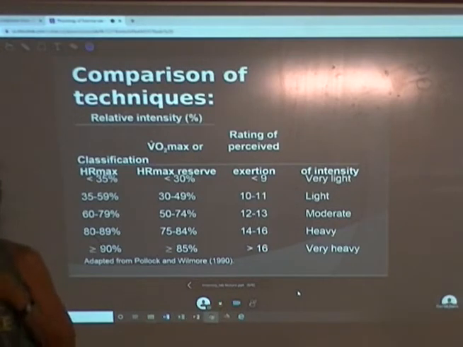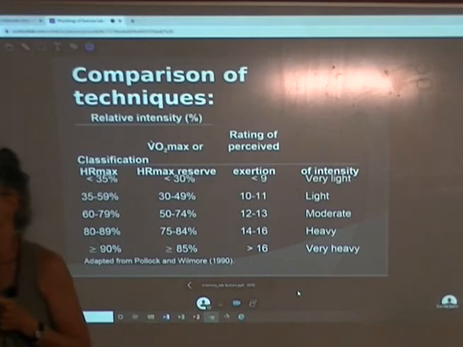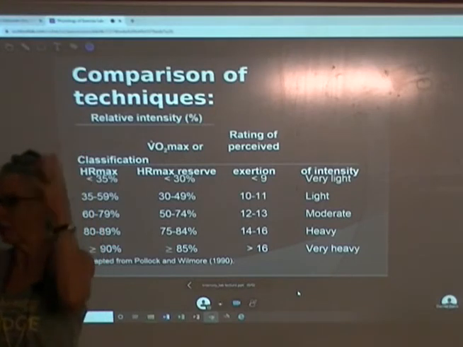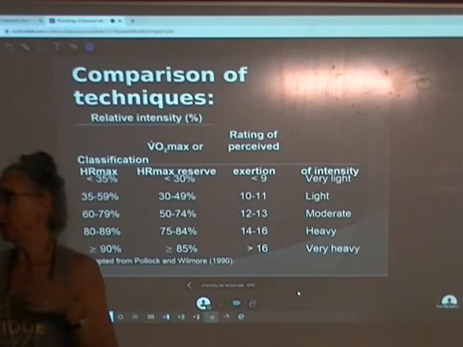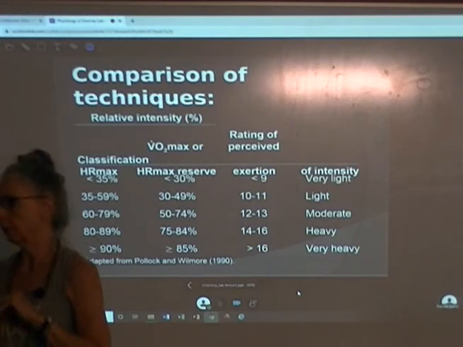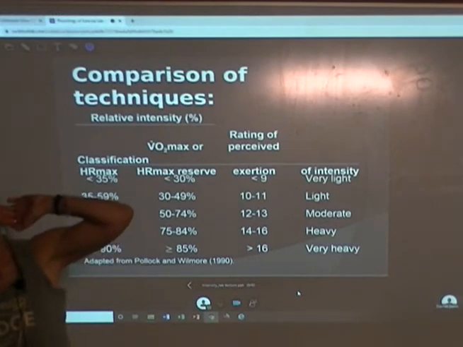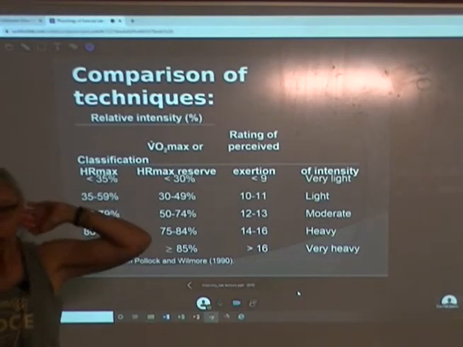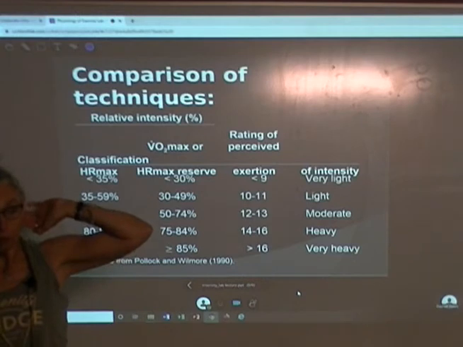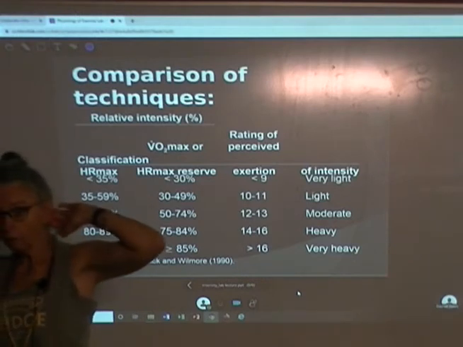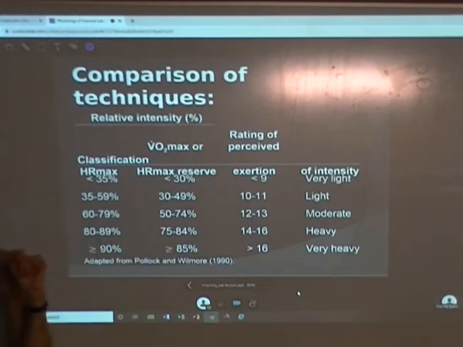If I'm working out really hard, right? If I'm doing something that's very high intensity, which energy system am I using? Go on, have a try. Is it ATP?